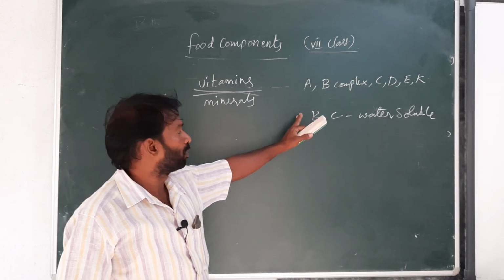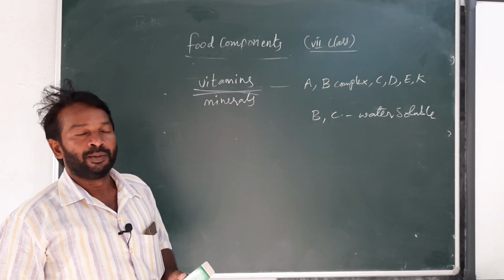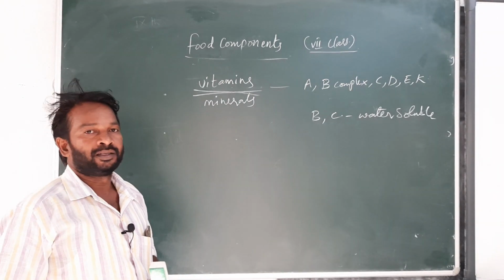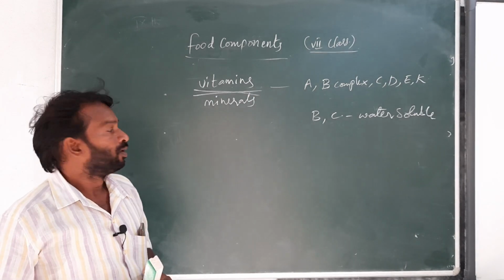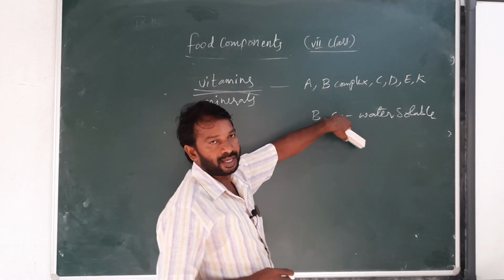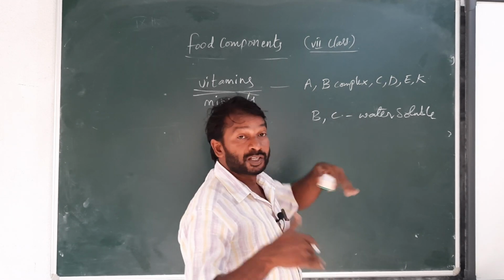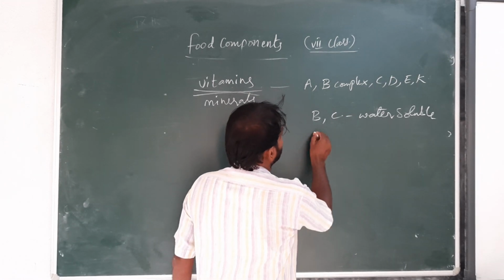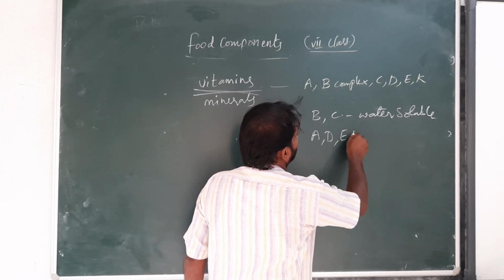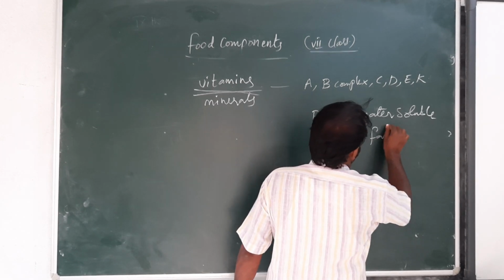B complex means B1, B2, B3, B6, B5, B7, B9 and B12. These are all B complex vitamins, and C vitamin is ascorbic acid. These are soluble in water. Next, A, D, E, K are fat soluble.